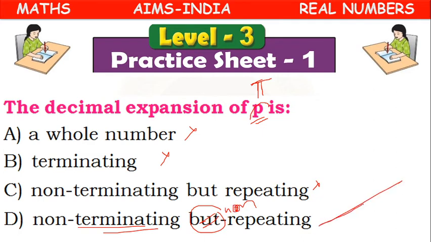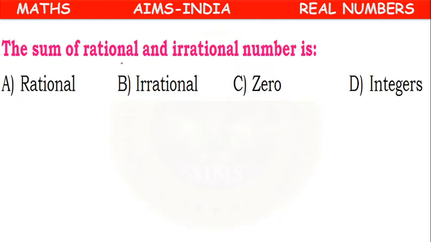Then it will be the correct answer. D option is the correct answer. The sum of a rational and an irrational number, a combination of both, is irrational. B option is the correct answer.